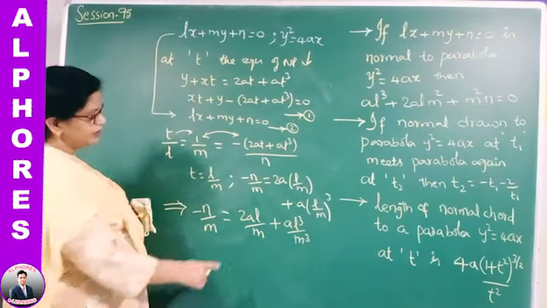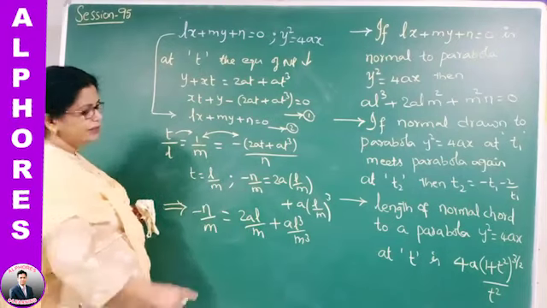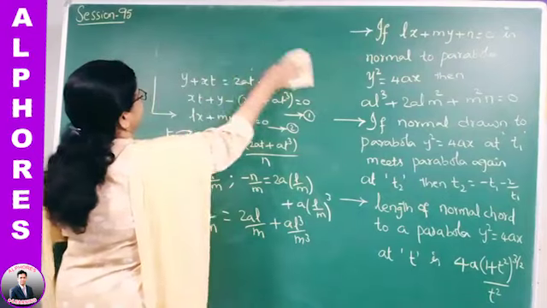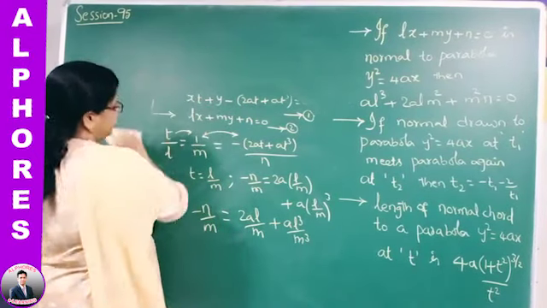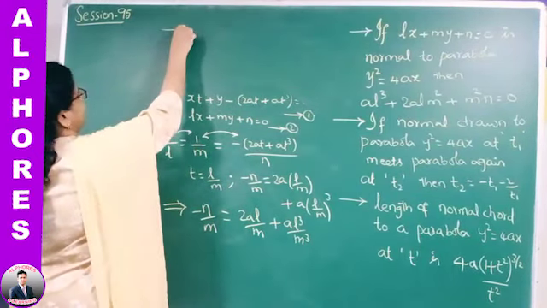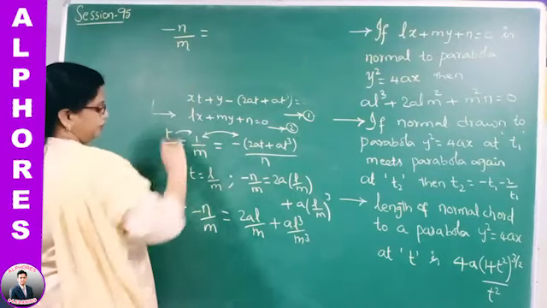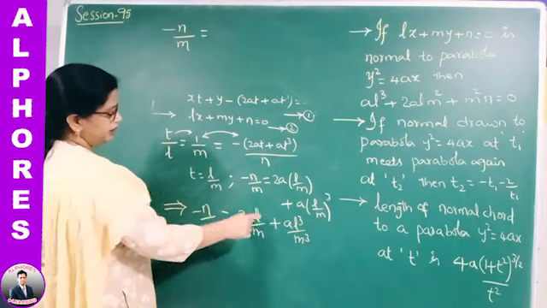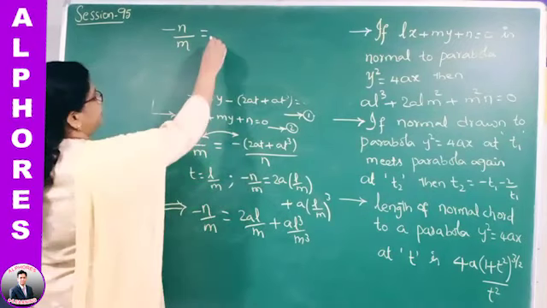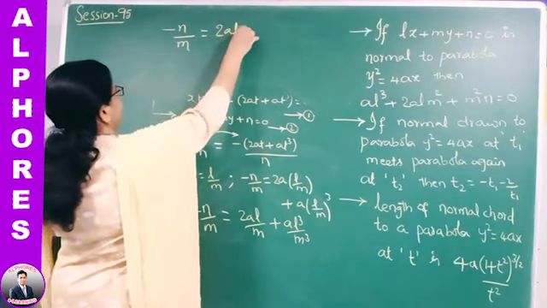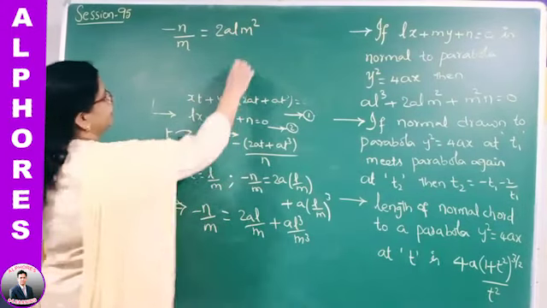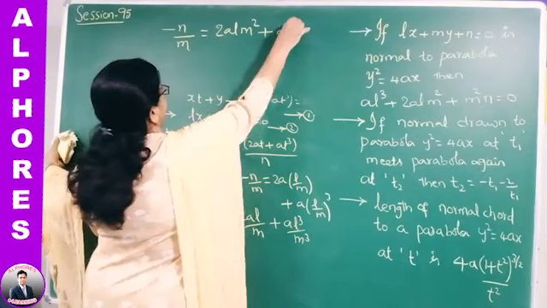Now on this side let us take the LCM as m cube. Then minus n divided by m is equal to, with m cube as the LCM, 2al m square plus al cube.